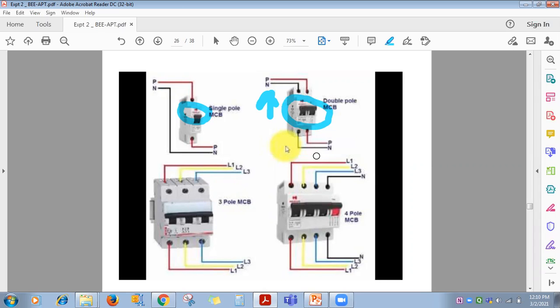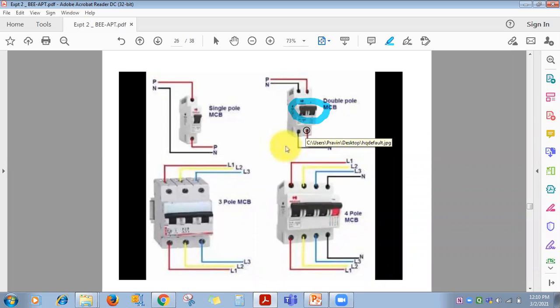Whenever we say it trips off, the switch goes to the down position. So what is the application of the MCB? As I told you in the previous experiment also, in case of overload and short circuit, the switch automatically goes to the off position. We are going to see its construction and how it works.